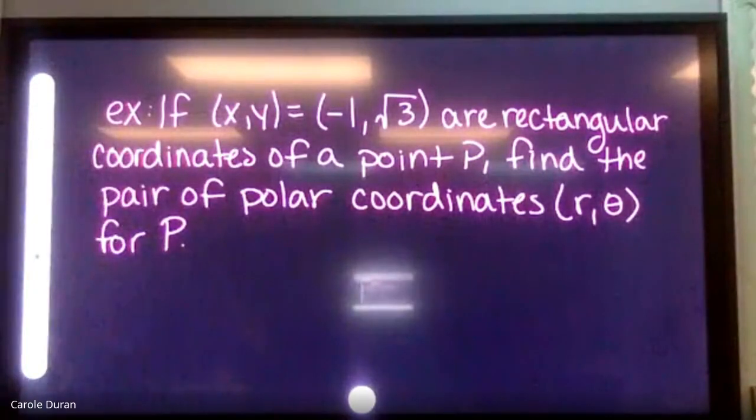So this one says if xy is equal to the point -1 square root of 3, and these are the rectangular coordinates of point P, find then the polar coordinates of that same point P.